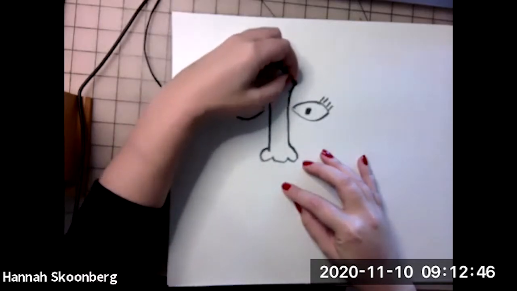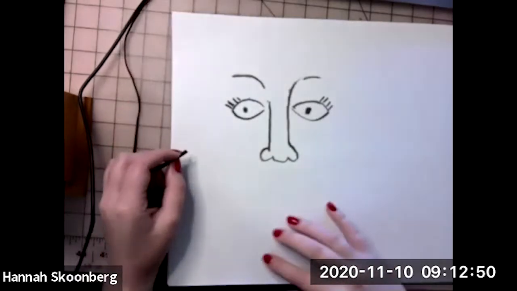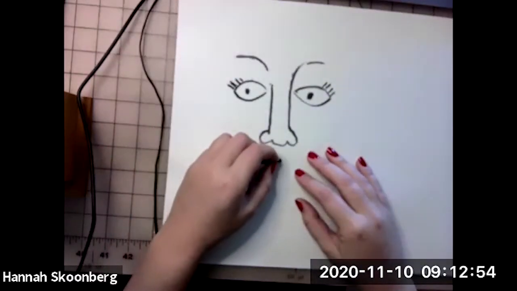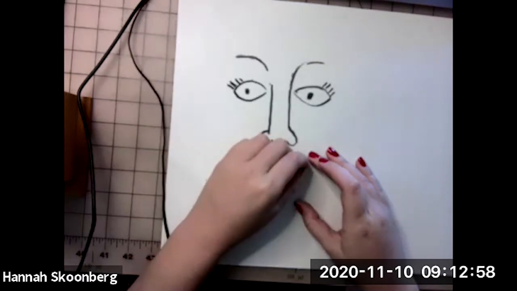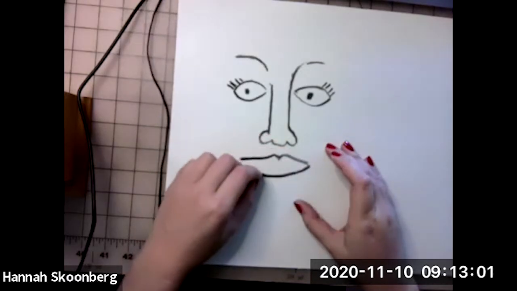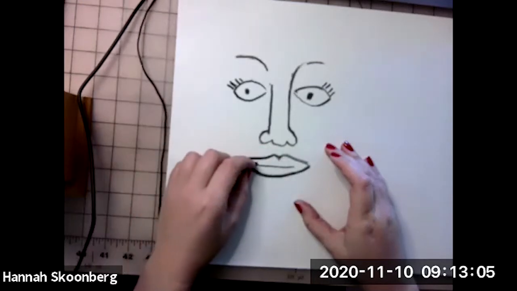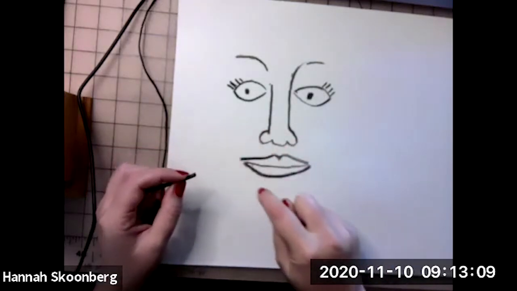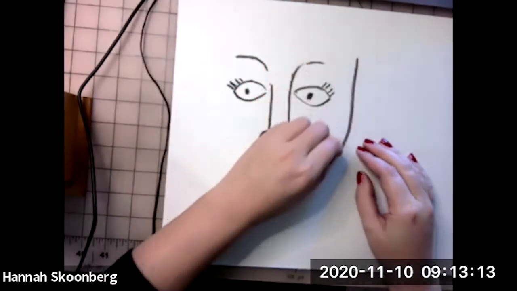Or maybe you'll bring it up here for your eyebrow. And then the other thing that I'll see is a mouth that looks like this, right? Big dark outline around the mouth. Here we go. So here's our face.